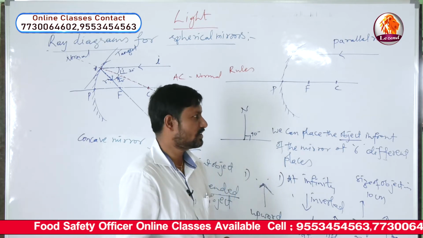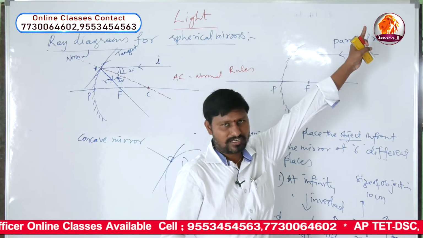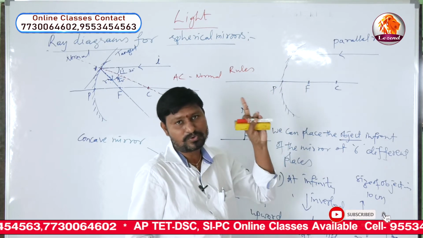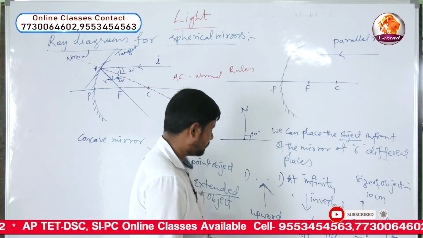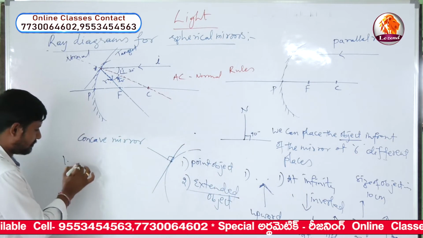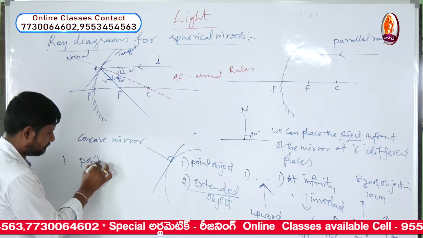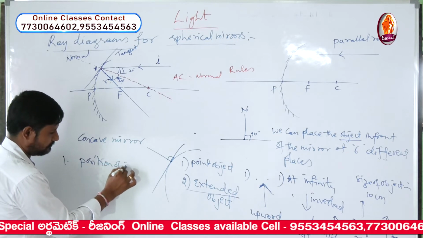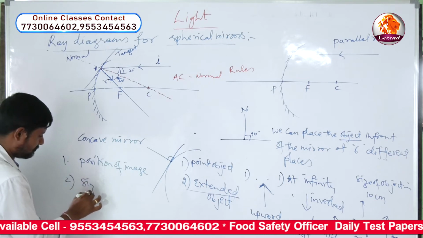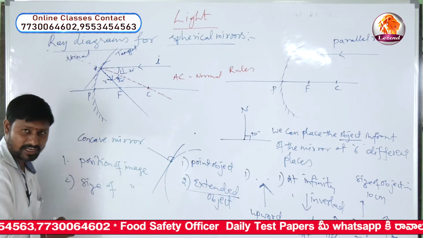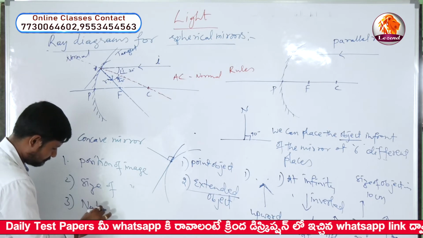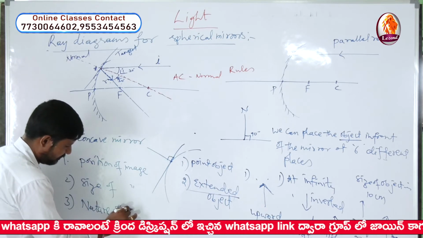Number 1, when the object is at infinity, what is the position of the image? Here we can write the points systematically. First one is position of image. Number 2, size of image. And number 3, nature of image.